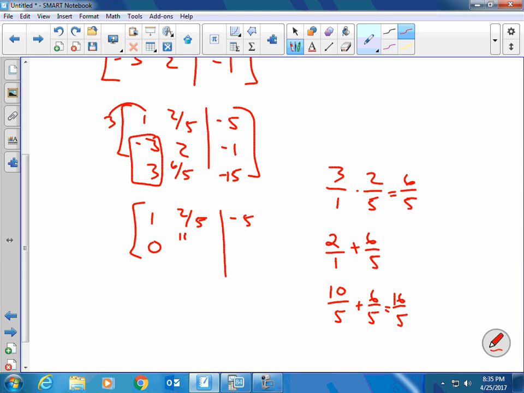So this here is 16/5. -1 plus -15 is -16. Step 2 is done. Step 3, make this second row, second column coefficient equal to 1. I do that by dividing everything in that row by itself.